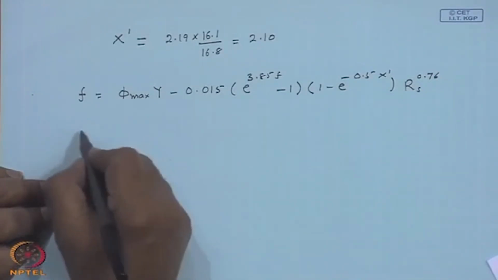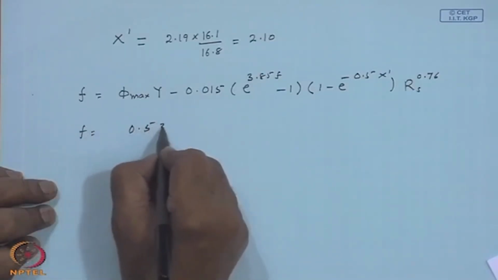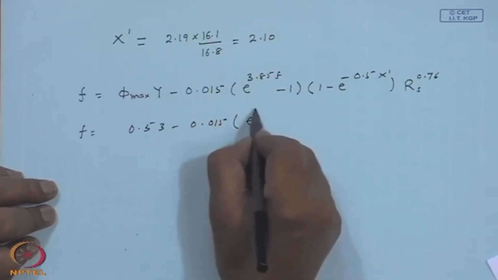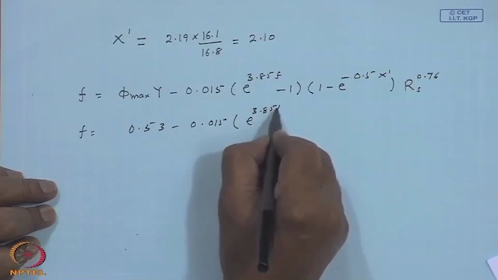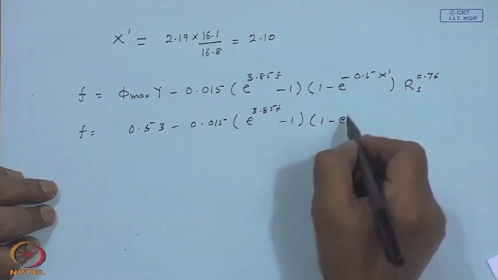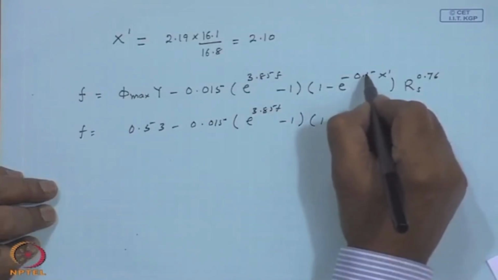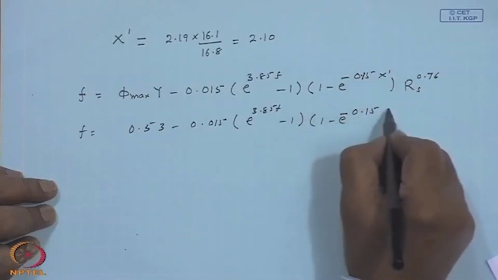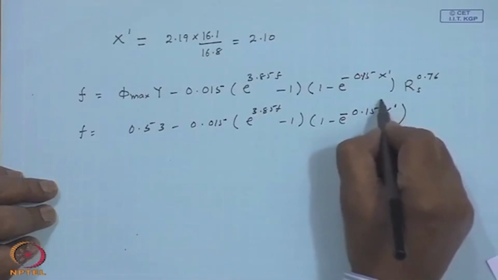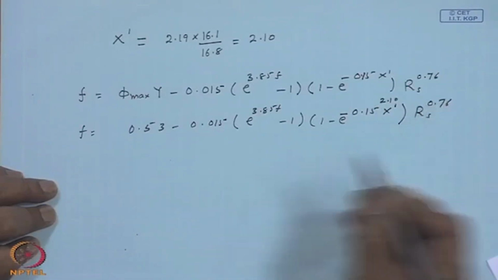So, you write it f is now 0.53 minus 0.015 e to the power 3.85 f minus 1 into 1 minus e to the power minus 0.15, sorry, this should be minus 0.15 times x dashed is 2.10 times r s to the power 0.76.